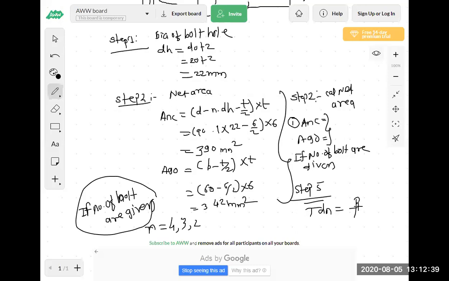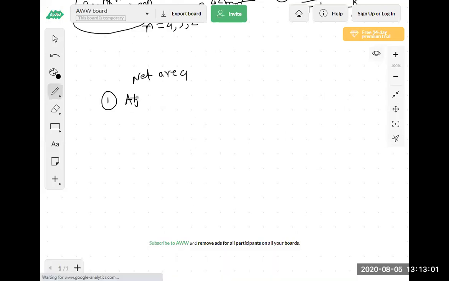Are you getting it? Last lecture I also told you. In step number 2, we have to calculate the net area. But net area we can calculate in 2 ways. ANC and AGO, when do we calculate them?